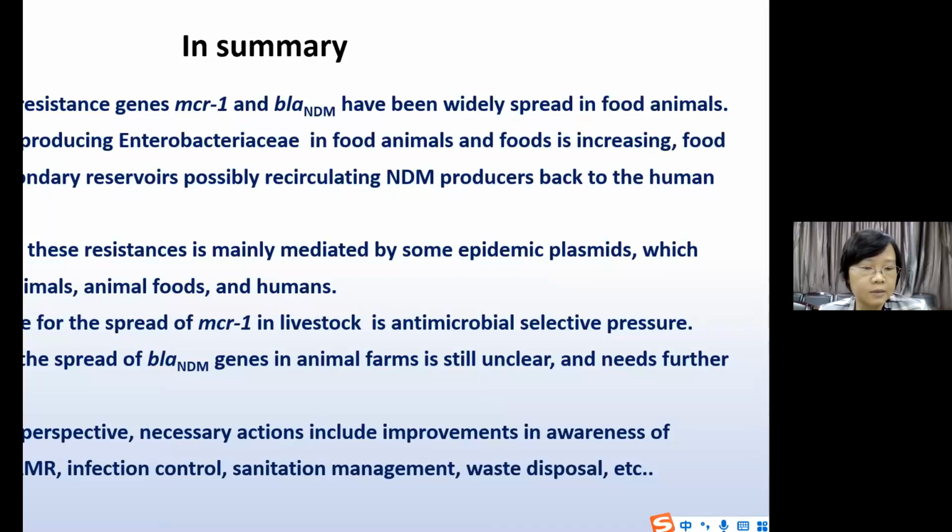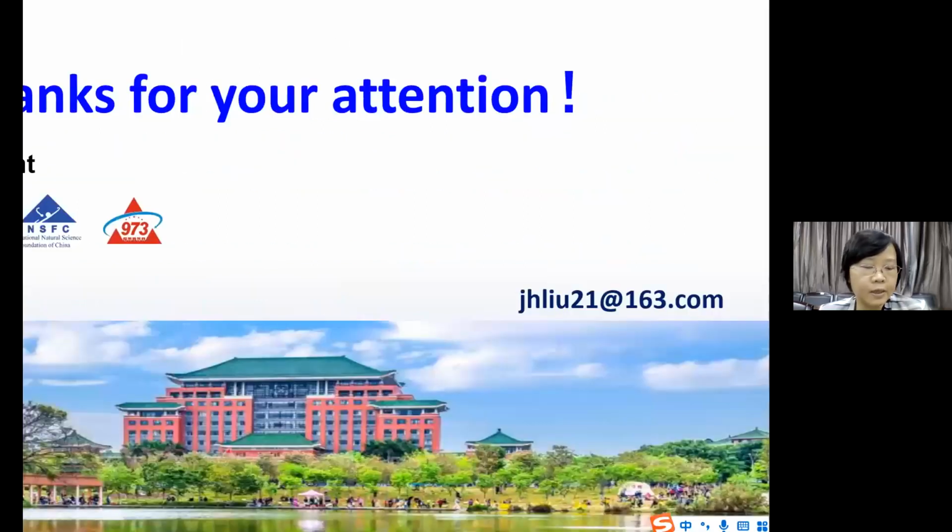We need to educate the farm owners so that they can control biosafety and environmental safety, and have better cleaning. In that way, they can contain the spreading of such resistant bacteria. We thank the funding from CIFSQ. I thank my students and collaborators. Thank you all very much.